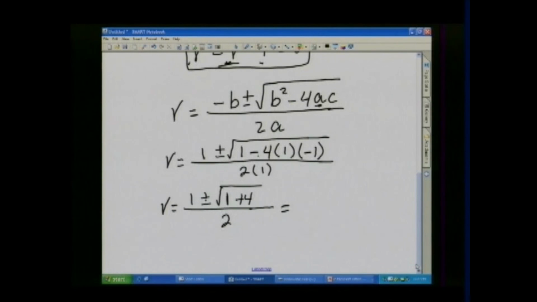Therefore, it is equal to 1 plus or minus square root of 5 divided by 2, which is, as it says, the golden ratio. This is similar to r equal to 1/2 of 1 plus square root of 5.